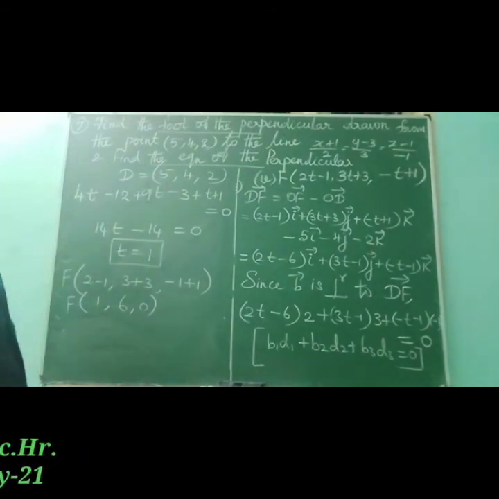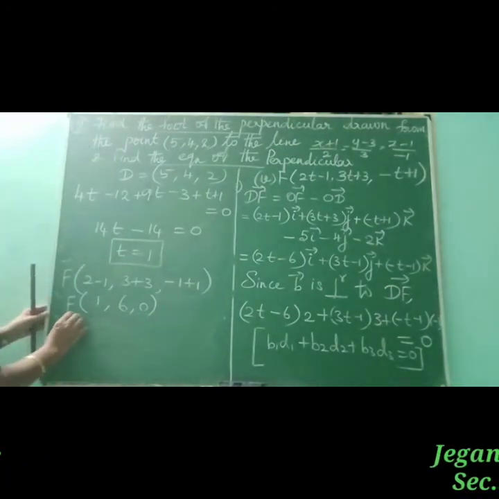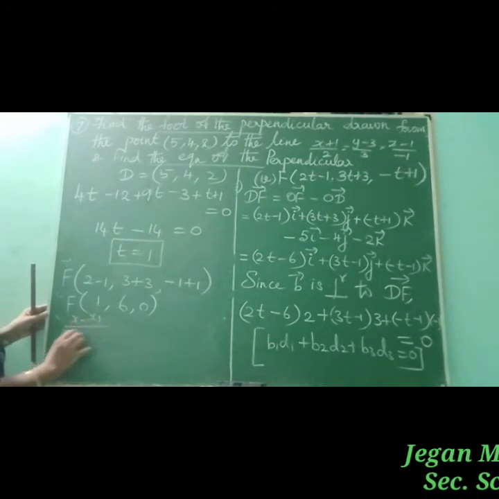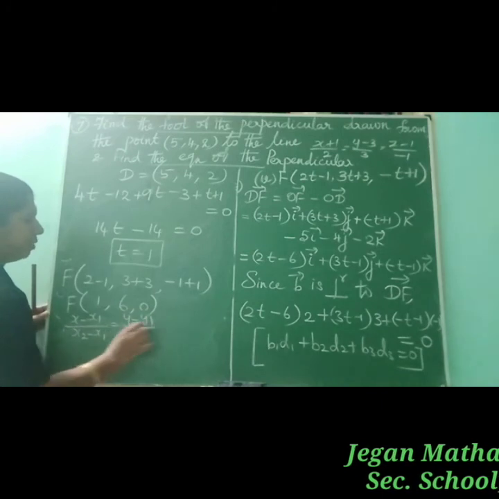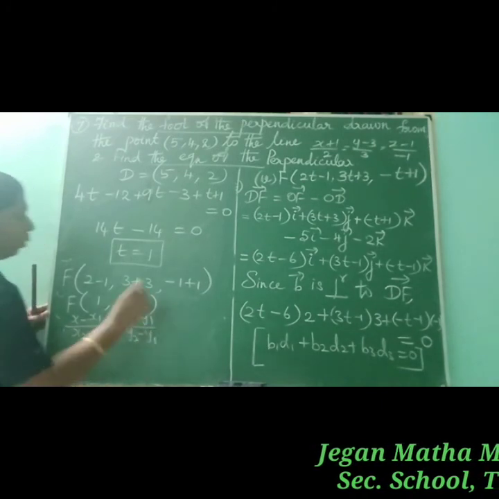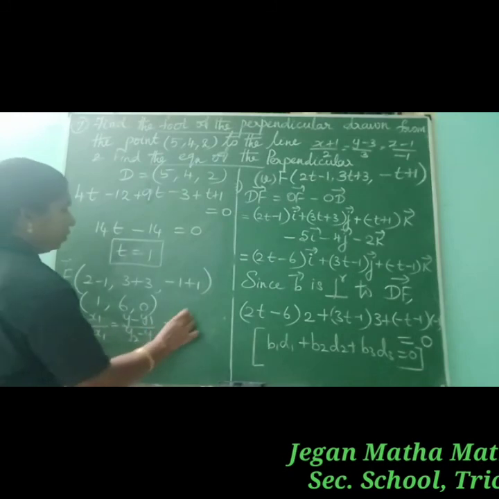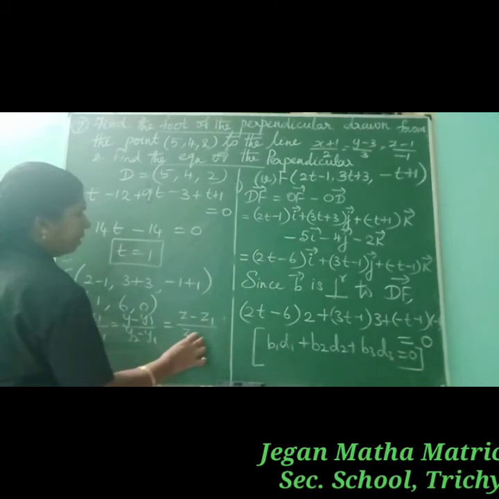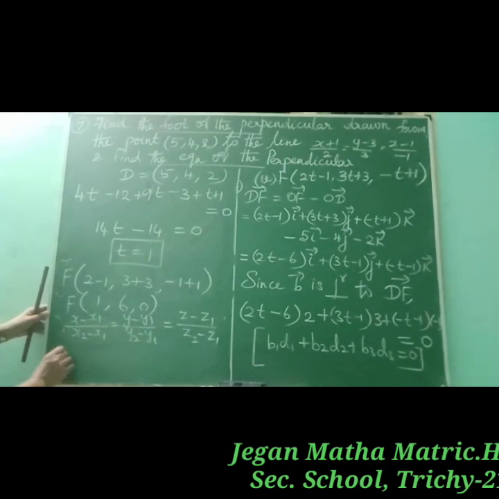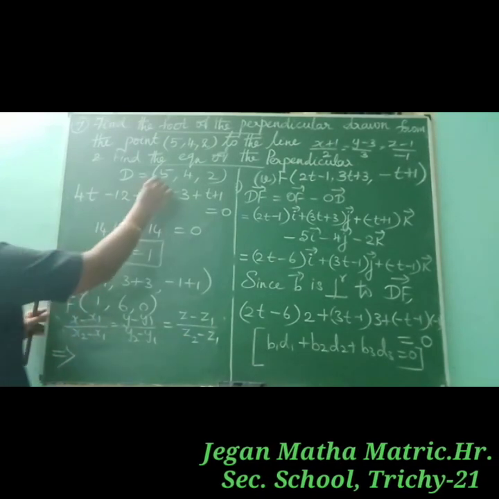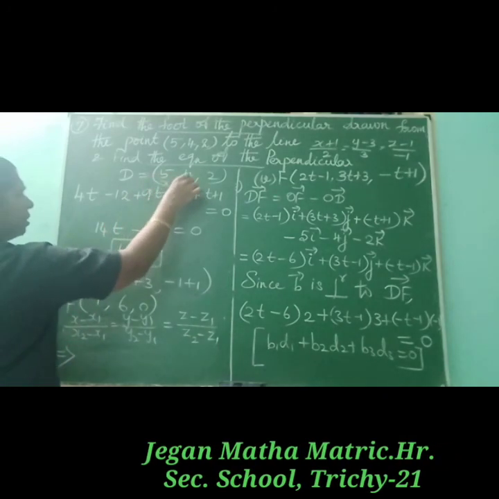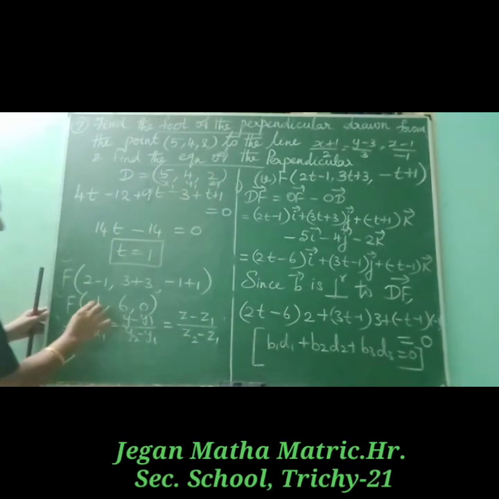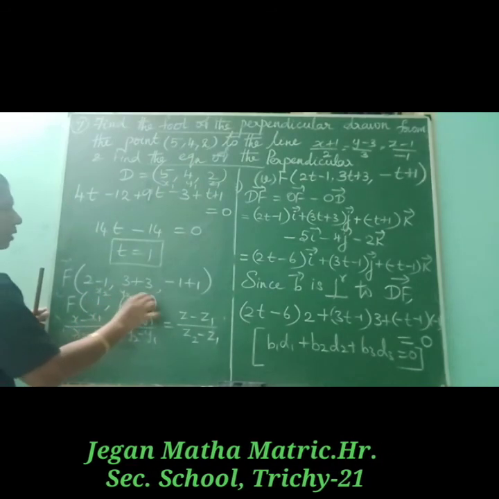For the equation of a straight line when two points are given, we know the formula: (x - x1)/(x2 - x1) = (y - y1)/(y2 - y1) = (z - z1)/(z2 - z1). Consider D as (x1, y1, z1) and F as (x2, y2, z2).